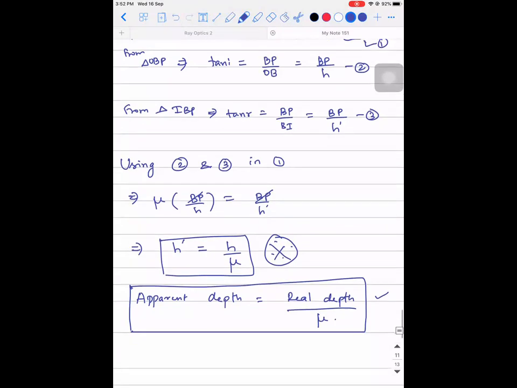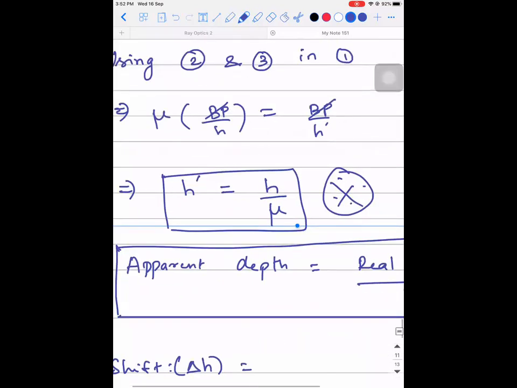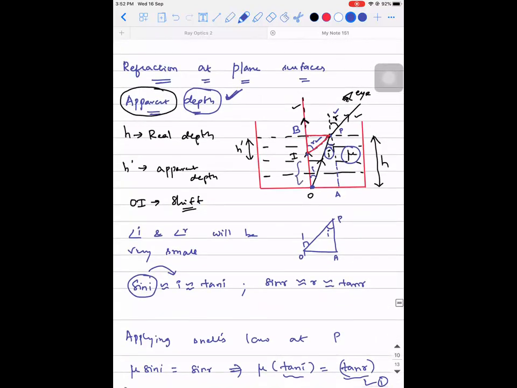Now I'm going to talk about shift. So what is the apparent shift that is taking place? I'll call it delta H. So shift is OI, which is nothing but OB minus IB.